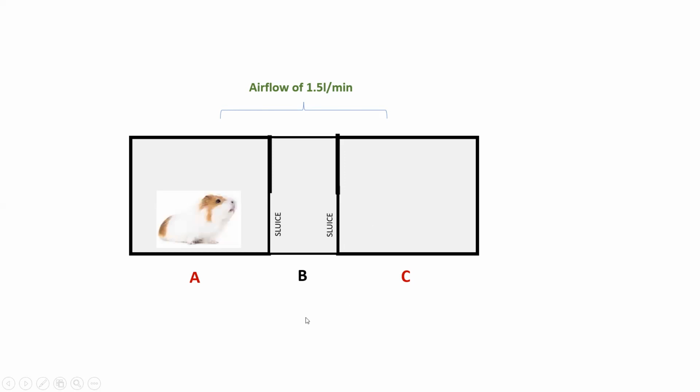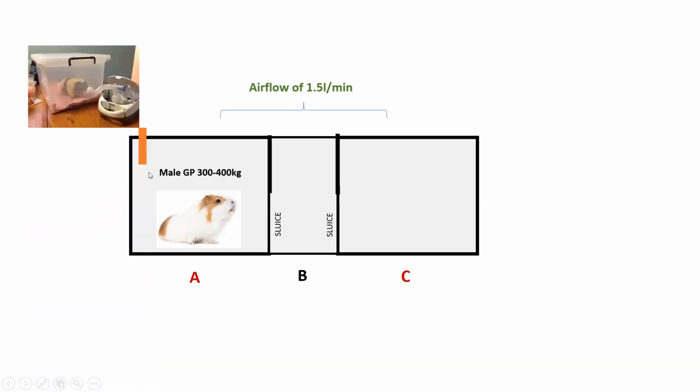Then you can use a guinea pig for this experiment. A male guinea pig with a weight of 300 to 400 gram should be chosen. Then box A is connected with a nebulizer, a specific type of ultrasound nebulizer, the LKB NB108, which produces an aerosol of 0.2 ml solution of test drug in 1 minute.